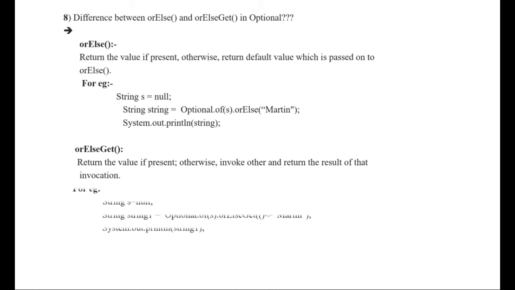For example, if you are passing null as an argument in the of method, it will check if it is null, which means it will come here because a value isn't present in null, right? So in orElseGet, it will return Martin as the output.